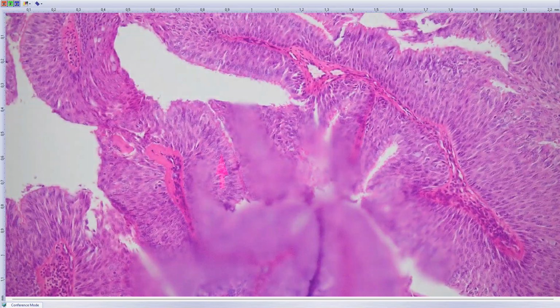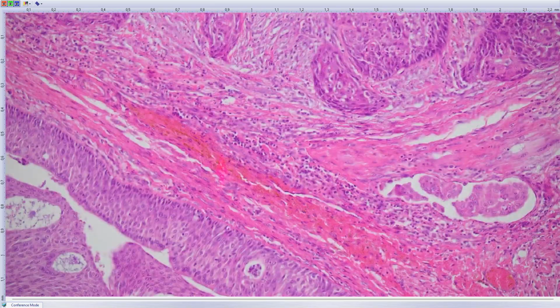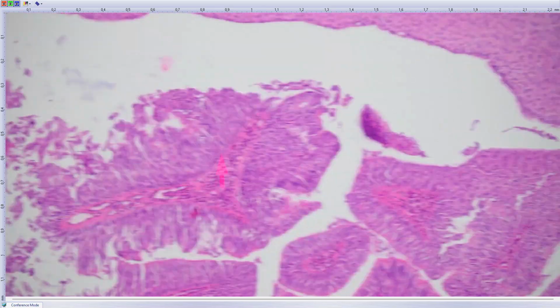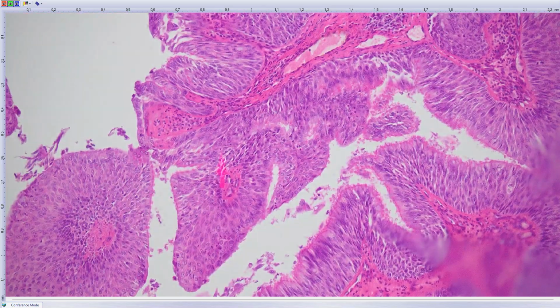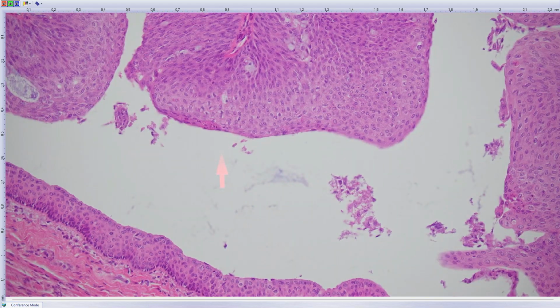But I do not think that it's entirely benign. Look at the cellularity of it. It has mucinous microcysts, which is seen even in those benign lesions.